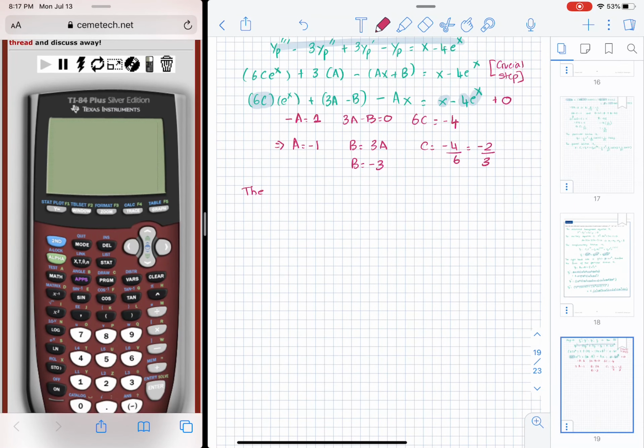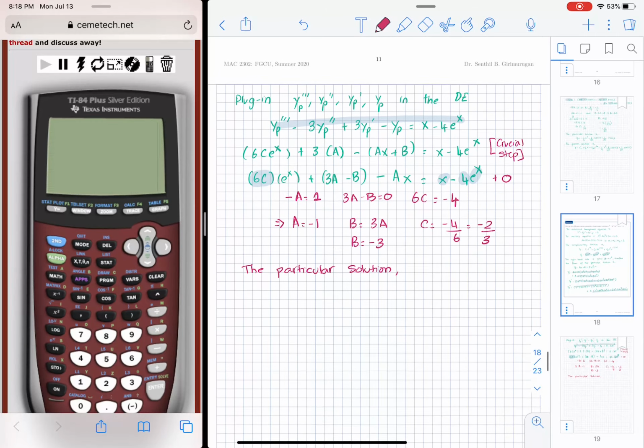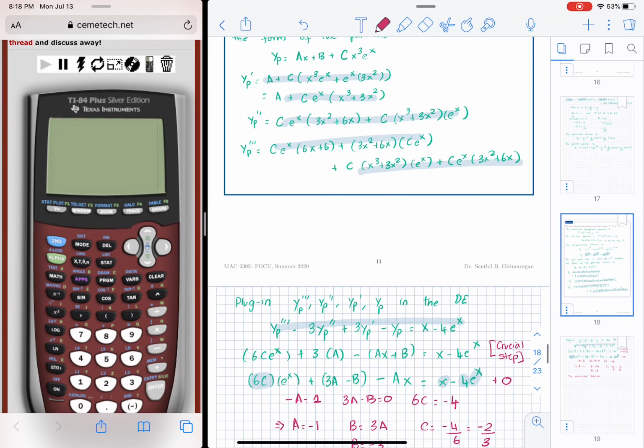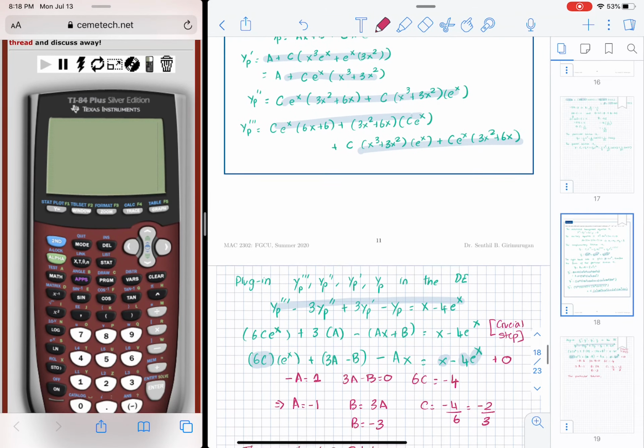So the particular solution, now that crucial step comes with practice. The more you practice, the easier it would be for you to pick out the right terms and not spend too much time finding the undetermined coefficients with the superposition approach.